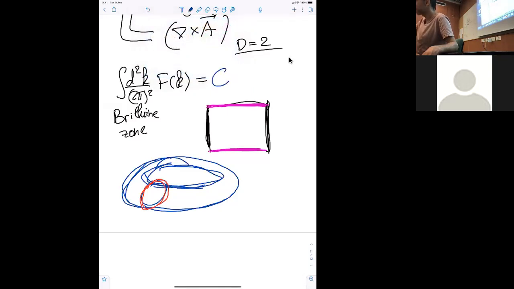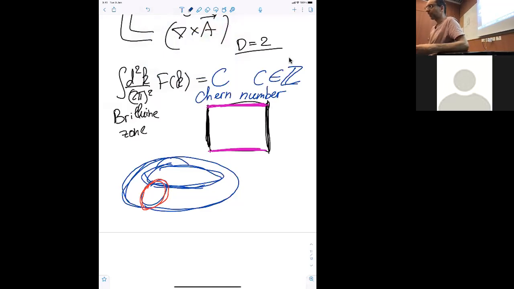It's integer. So this C belongs to integers. And this integral has a name. It's called Chern number. So this integer number has a name. It's called Chern number. Okay. And depending on your mathematical preference, you can play with it and show that that's correct.